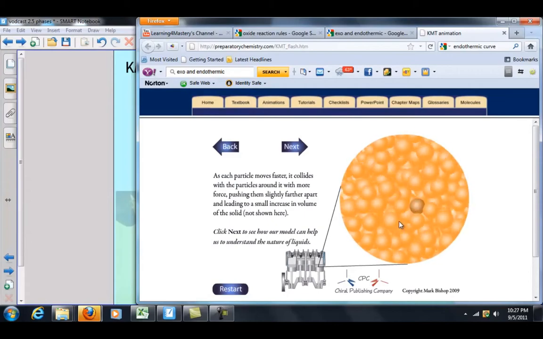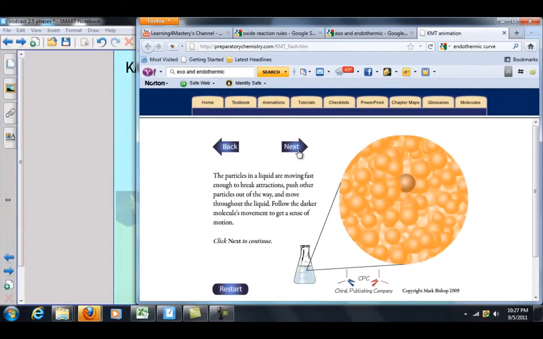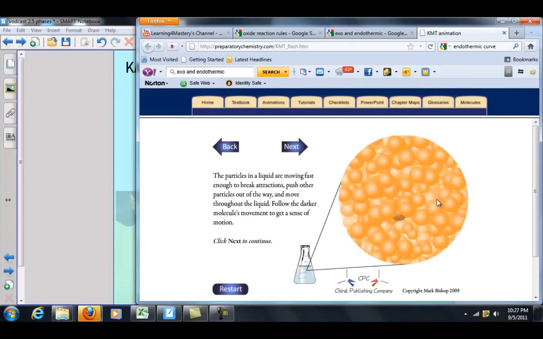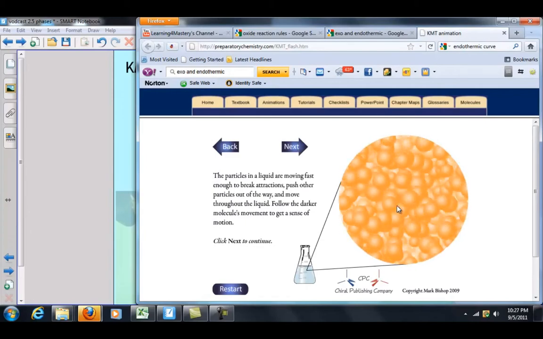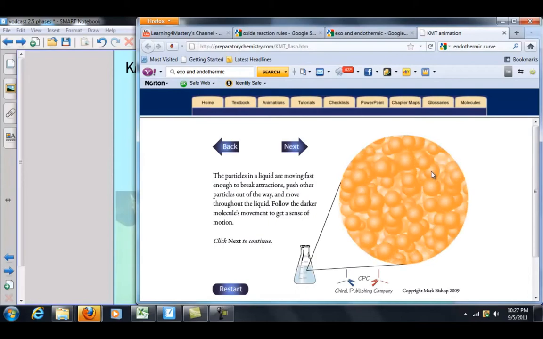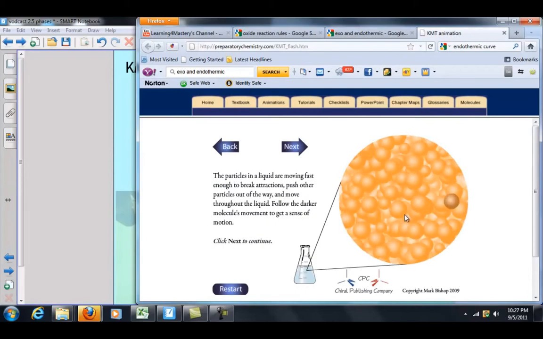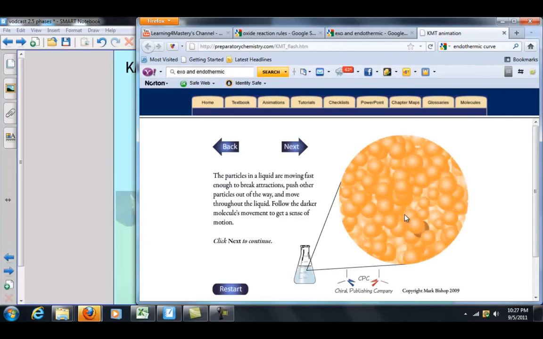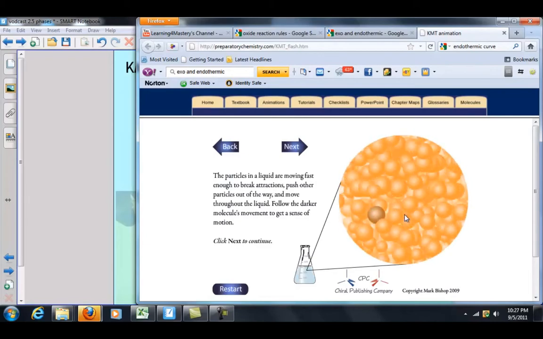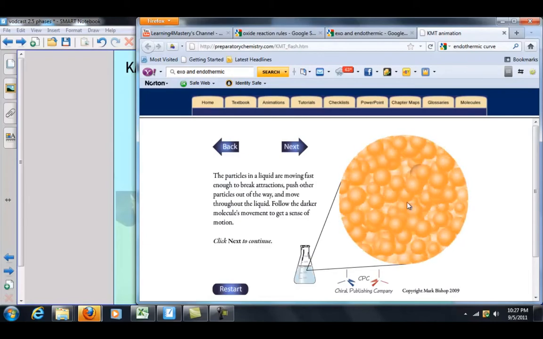So let's take a look. Particles in a liquid here are moving fast enough to break attractions. If you follow this darker movement, you can see we're now in the liquid phase. They're sliding past one another, these molecules, and so it's just speeding up.